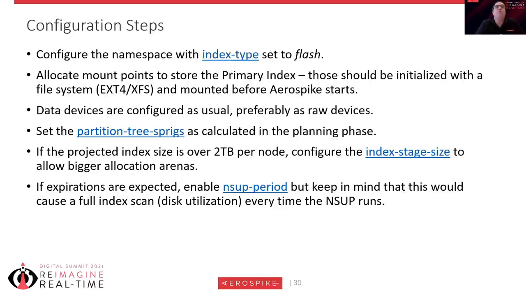Another thing to consider is that you might expire records from those kinds of namespaces, so enabling the NSUP period would be advised and would be required. And you need to remember that it would cause a full index scan every NSUP period, and that will add more disk utilization. So if you can avoid expiring on all flash, that would sometimes be beneficial.